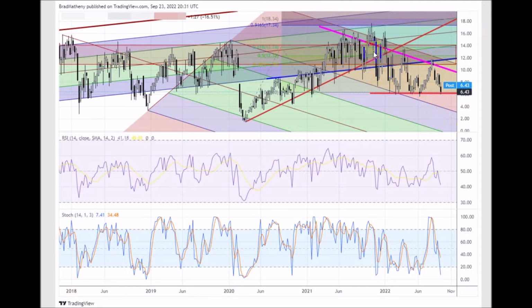That would be a breakdown phase. Or we could count this as a 1 up, 2 down to here, 3, 4, and then a Christmas rally phase coming out. So I'm kind of holding my breath right now.